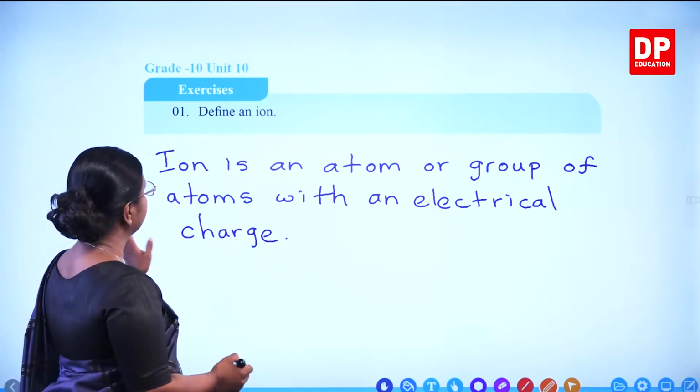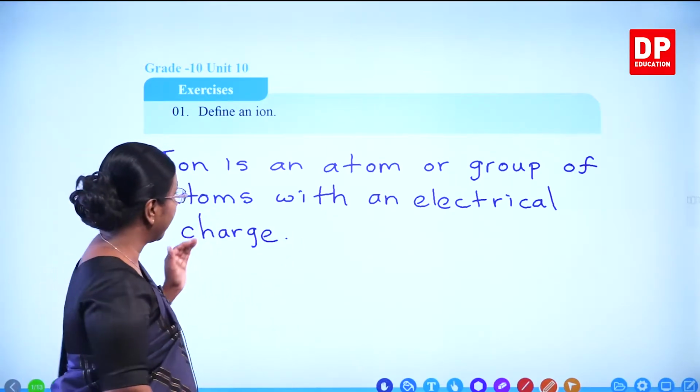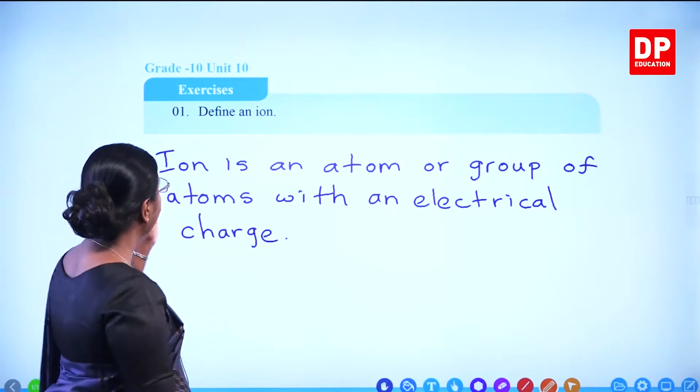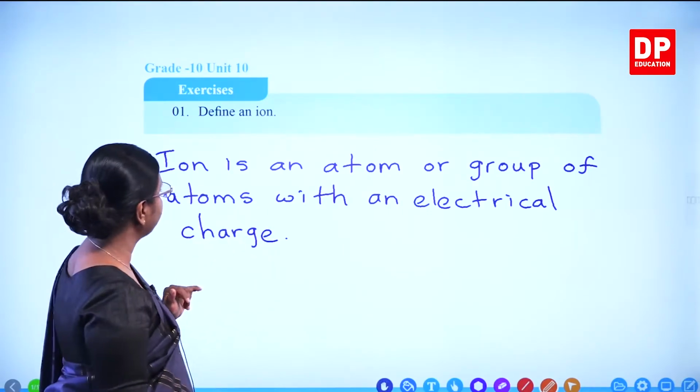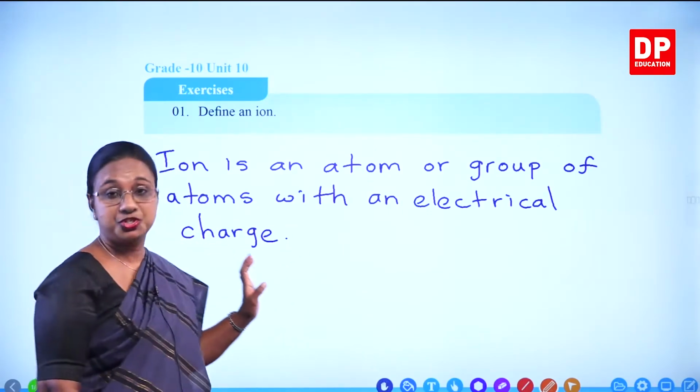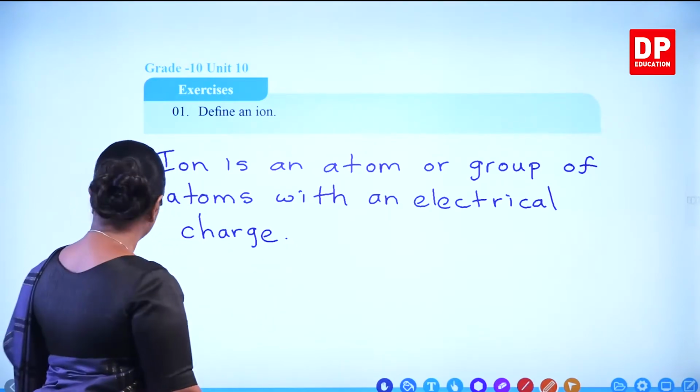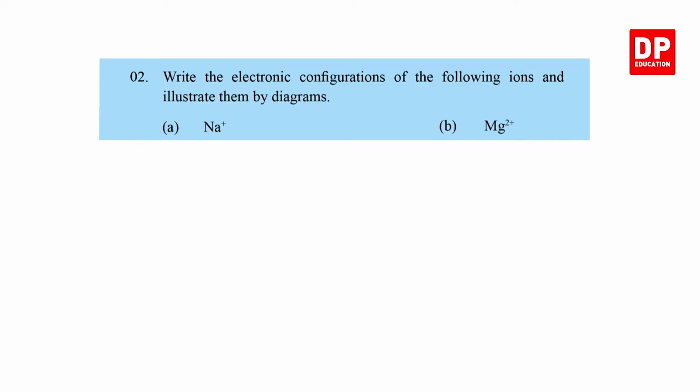So, here that is what we have to write. We don't have to give any examples. Ion is an atom or a group of atoms with an electrical charge. So, with that, I will move on to the next question.